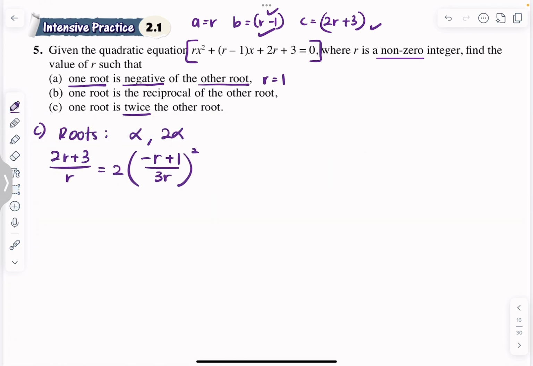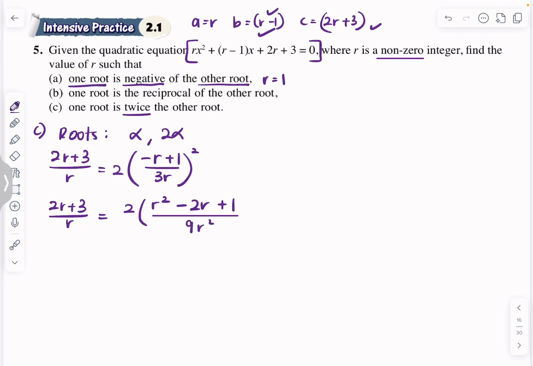Okay, now we expand. So this will become 2r plus 3 over r. This will become 2 negative r plus 1 square over 3r square. Oh wait, let me just expand. Okay, let's just expand. So negative r square is r square. 2 times this will be negative 2r, and then 1 square is this, 1 over 9r square.